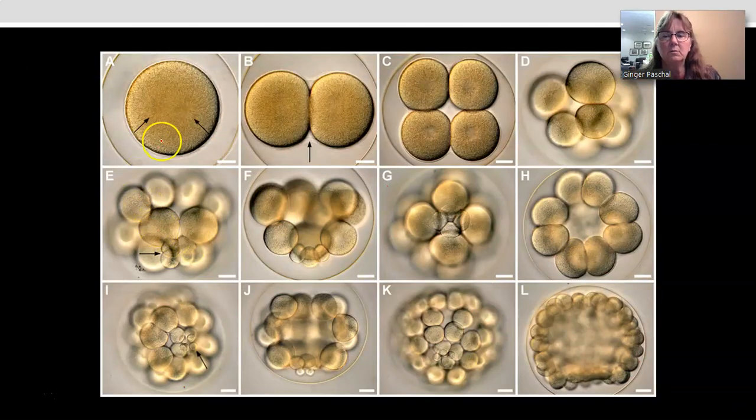When an egg is fertilized, one cell divides into two, those two cells divide into four, and these four cells are all genetically identical, until you get to hundreds and even thousands of cells.